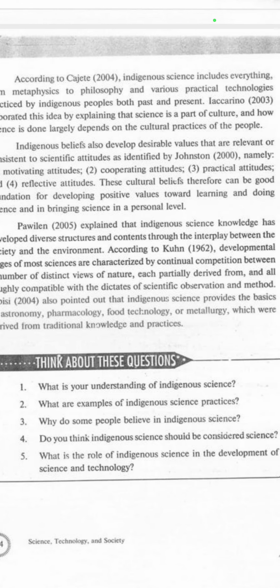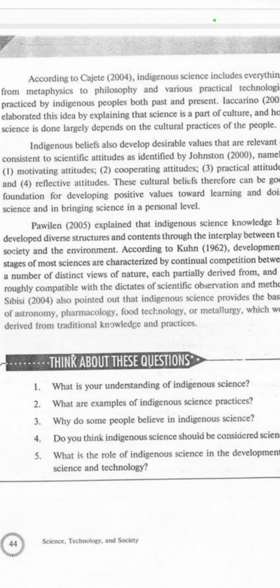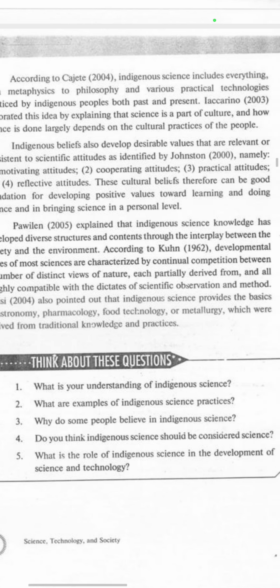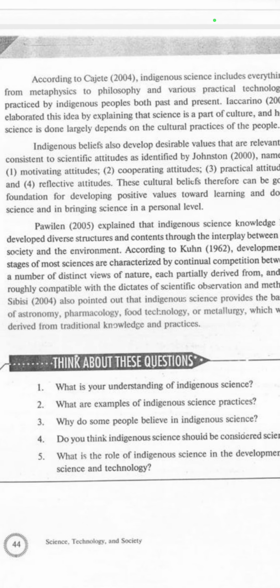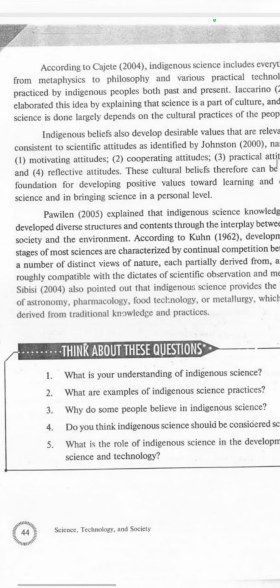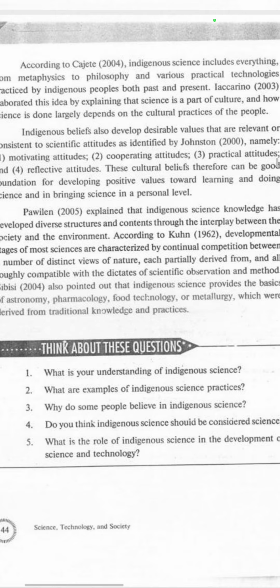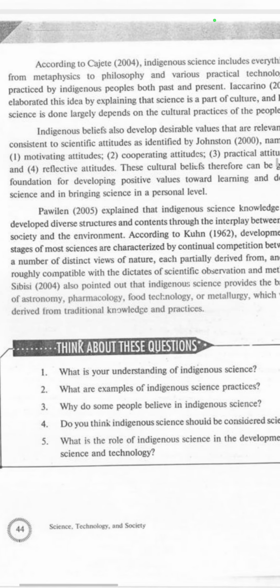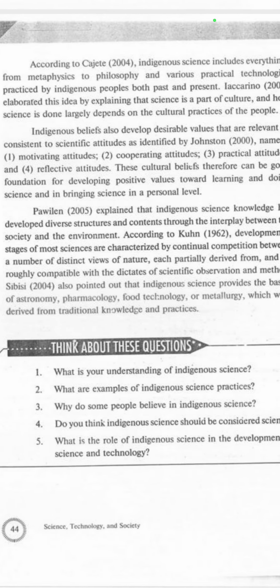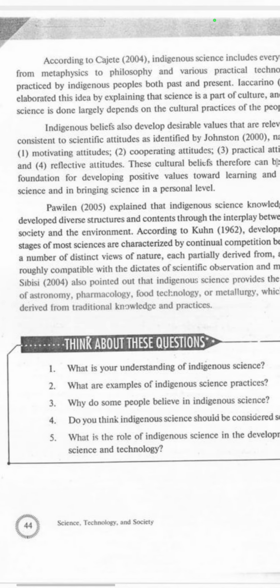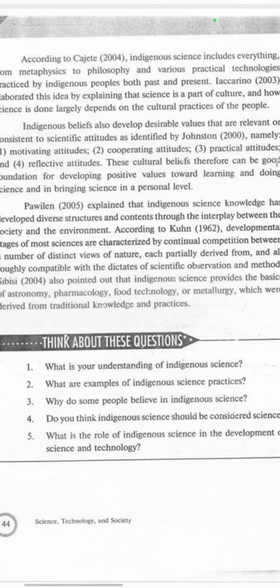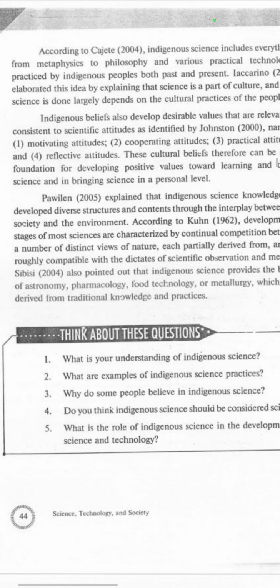It also explains that indigenous science knowledge has developed diverse structures and content through the interplay between society and environment. Correct. And the developmental stages of most sciences are characterized by continual competition between a number of distinct views of nature, each partially derived from and all roughly compatible with the dictates of scientific observation and method.